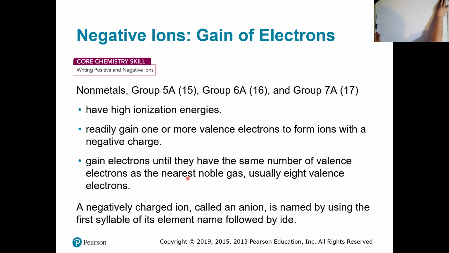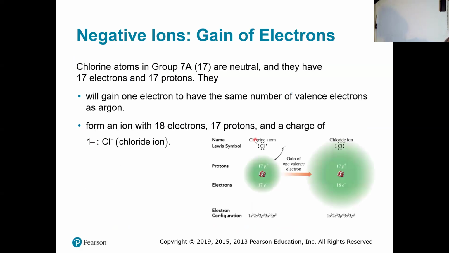Negatively charged ions are called anions. And unlike cations, where we don't change the name of the element, for our negatively charged ions we keep the first syllable of the element name, but we change the ending to -ide. I'll show you when we look at some actual examples.